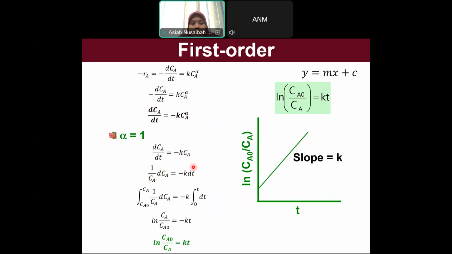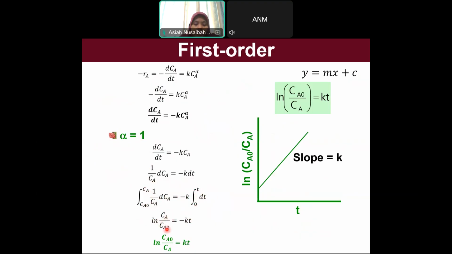Integrating both sides, CA to CA naught, 1 over CA dCA equals minus k integrating t to 0 dt. Integrating the right-hand side will always be similar: minus k, and integrating 1 dt, we get t. However, integrating 1 over CA, we get ln CA over CA naught, because from CA to CA naught.